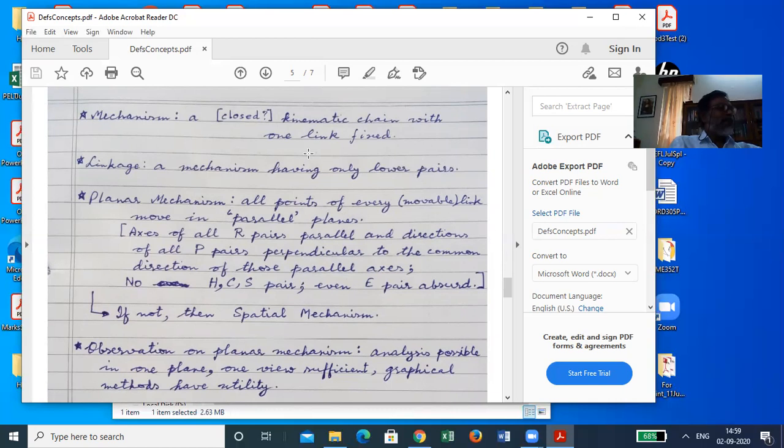For that matter, Professor Malik also says, after telling quite a few technical terms and definitions, that at this stage a mechanism can be defined more rigorously as a closed kinematic chain in which one link is fixed.